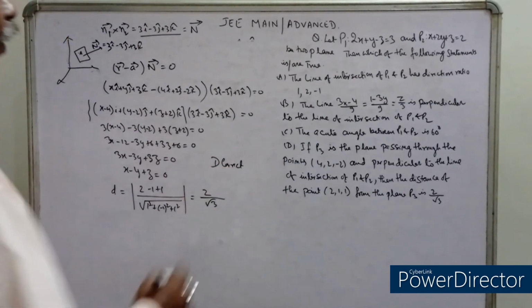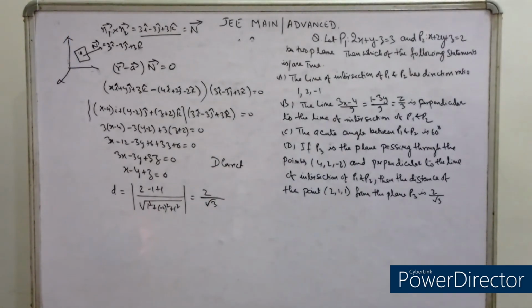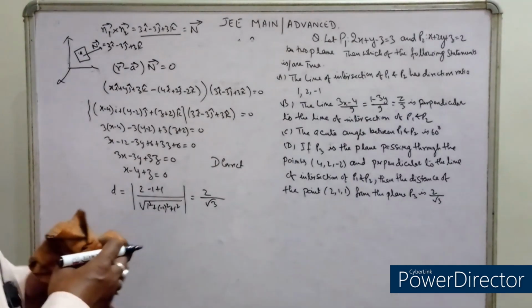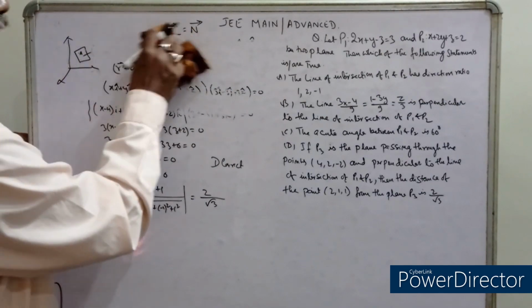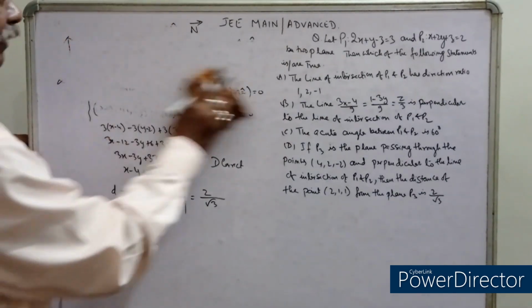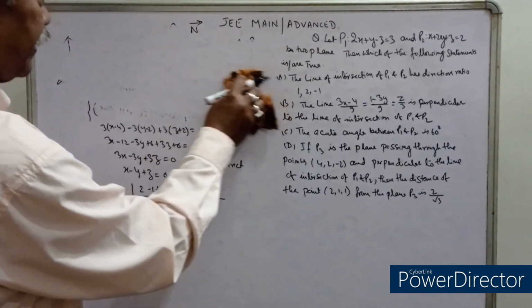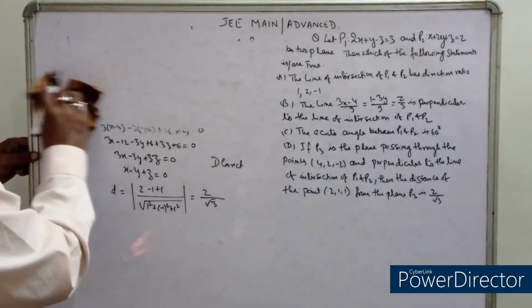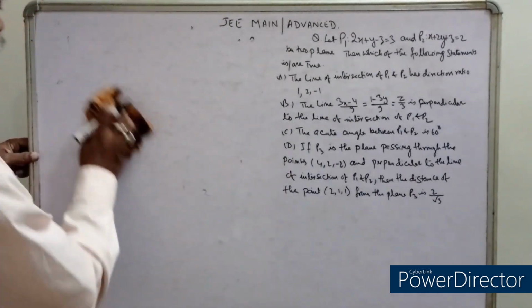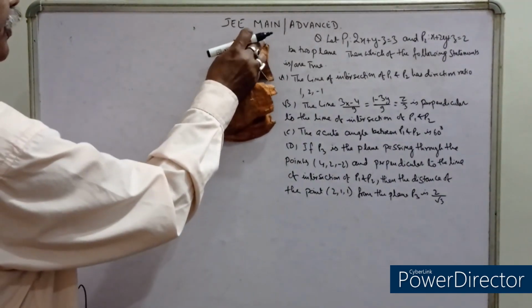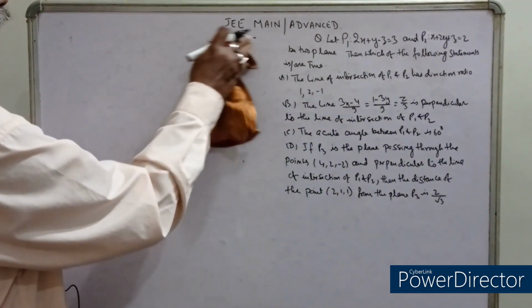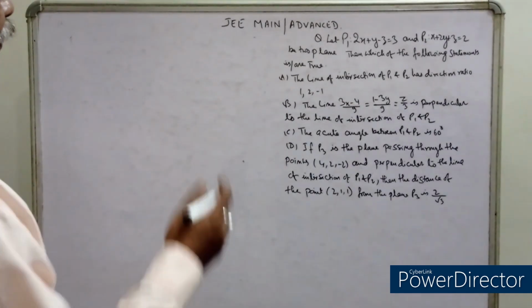So this is how we solve this question. The most interesting point of this question is to find the direction ratios of the line of intersection of these two planes. Line of intersection, that is the most important point.